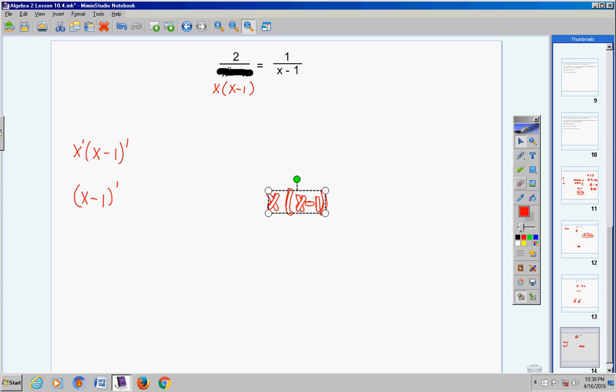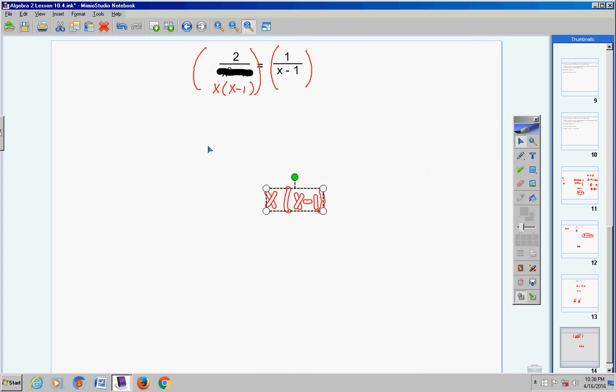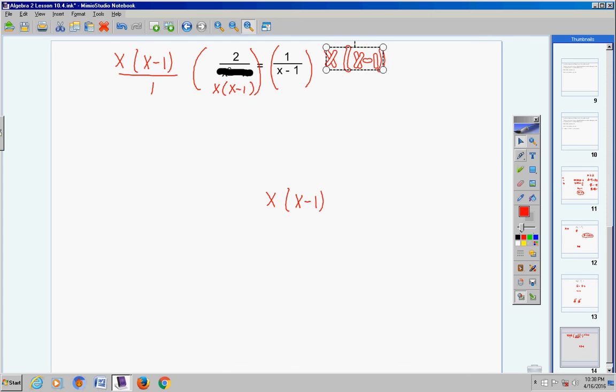Alright? So, let's go ahead and erase this, and let's multiply both sides of our equation by our common denominator, okay? Here we go. Put this over 1. Put this over 1. And let's get after it.